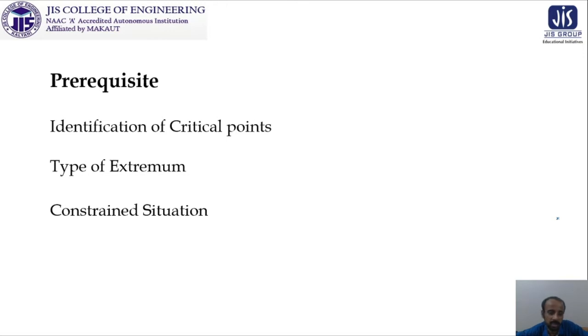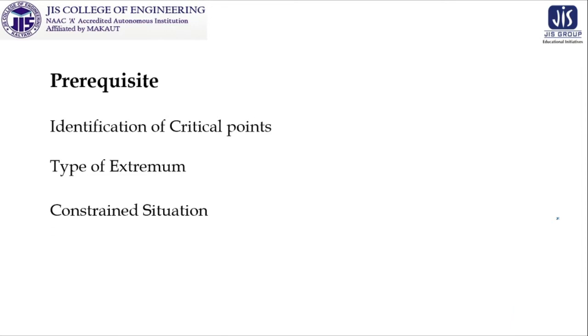But in some cases, if you are asked to do something with some condition, you have to follow the condition. Within that, you have to bring out the maximum output. That situation is termed a constrained situation. This will be more clear in the context of maxima minima in this class.